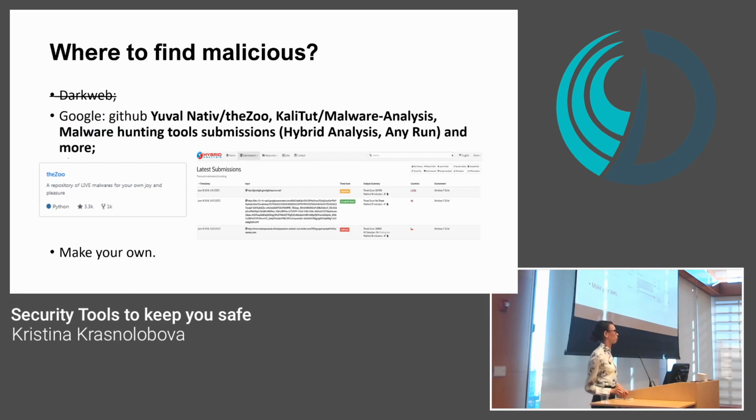So where can we find something malicious? The easiest way to find something malicious but also find the trouble is probably the dark web. But since we're all law-obedient citizens, we're not going to do that.